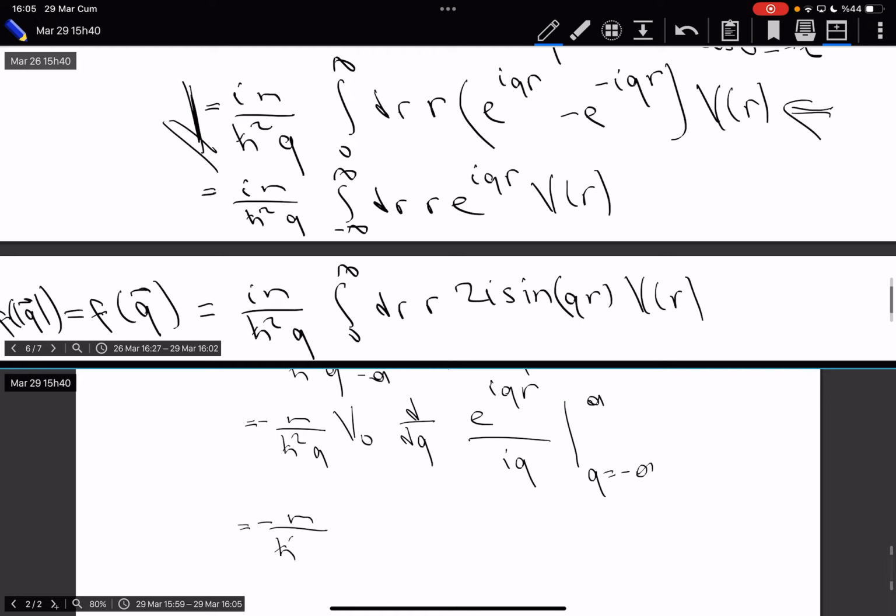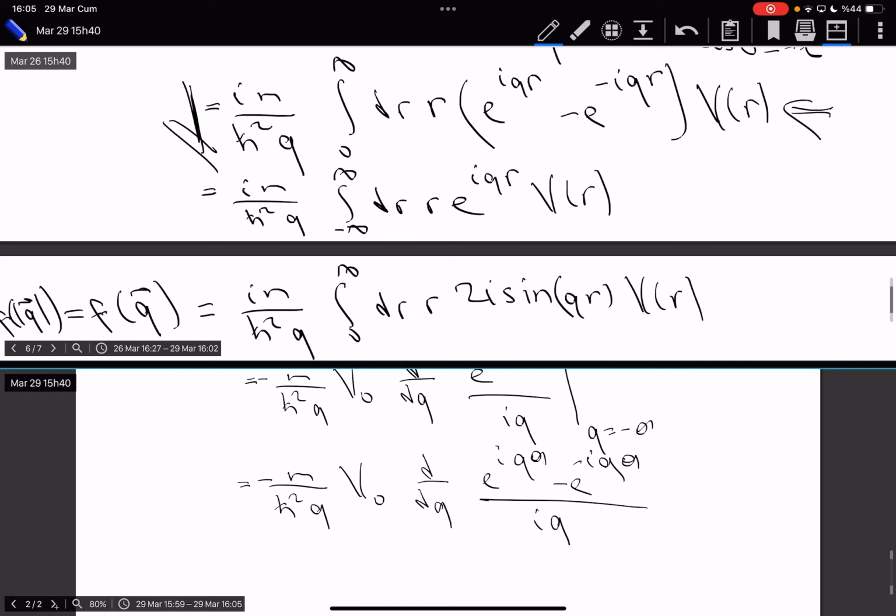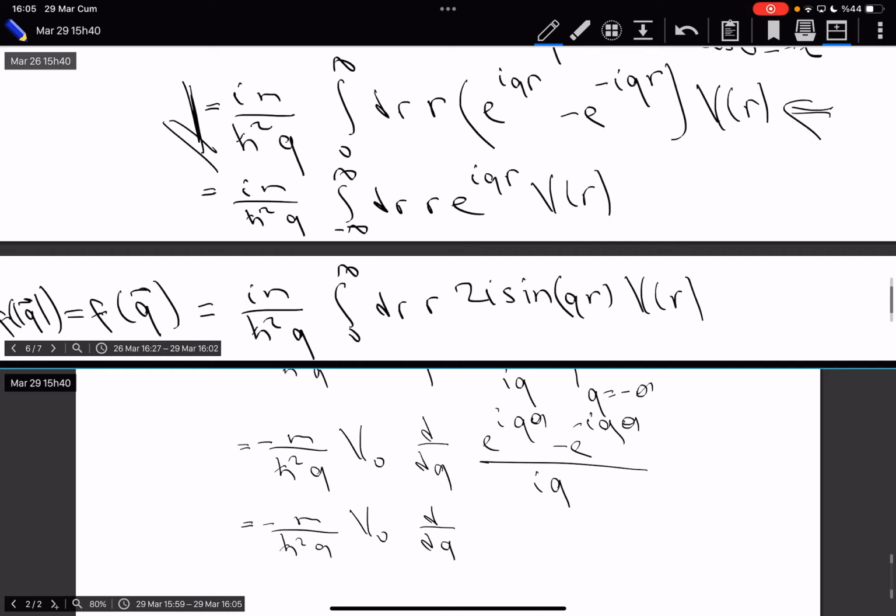Minus m over h bar squared q v0, derivative with respect to q, of e to the power i q a minus e to the power minus i q a, divided by i q. d over dq of that is nothing but twice the sine of qa divided by q.